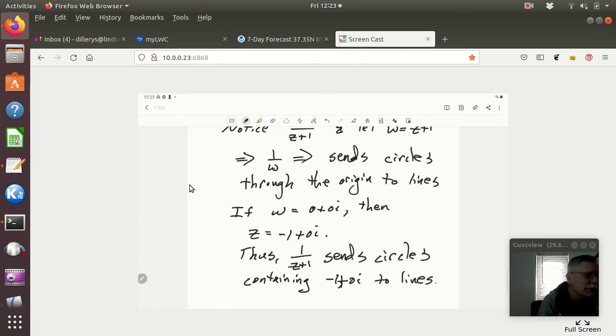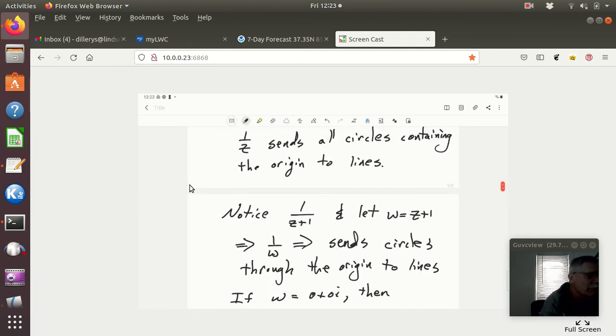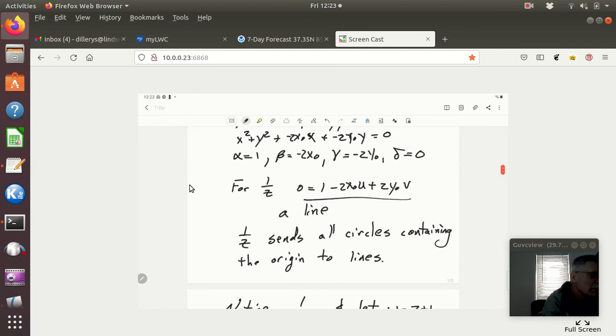It's just a simple substitution from the proof of 1 over z. So with 1 over z, if we go through 0, 0, it will drop delta off. It'll make delta 0, so we get this, so that's a line. And so if 1 over z does that for 0, 0, then 1 over z plus 1 will do the exact same thing for any circles going through -1, 0.